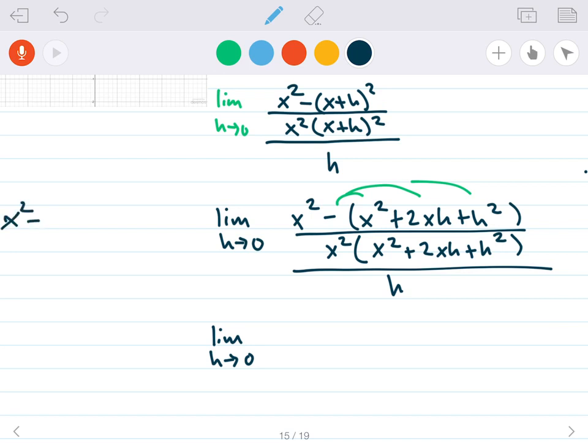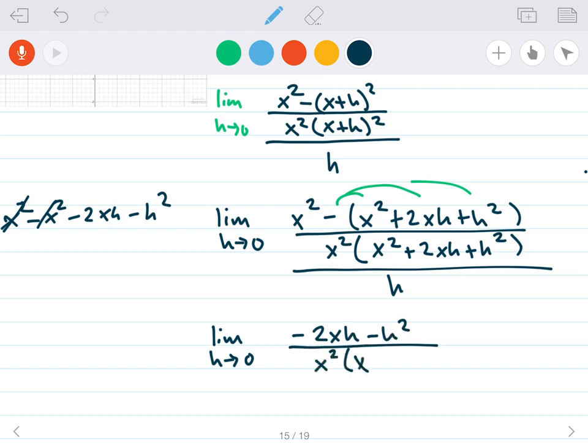I have x squared minus 2xh minus h squared, right, when I do the distributing. So those x squareds cancel out, and I'm just left with 2xh minus h squared over x squared times x squared plus 2xh plus h squared, and that's all over h, which I'm just going to write as times 1 over h, okay? So it's the same thing as writing that whole thing over h.